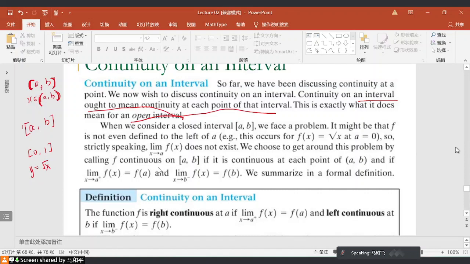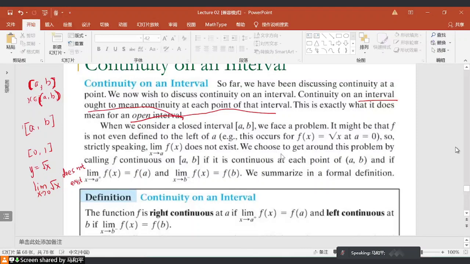And strictly speaking, the limit as x approaches 0 does not exist, because the left-hand limit does not exist.